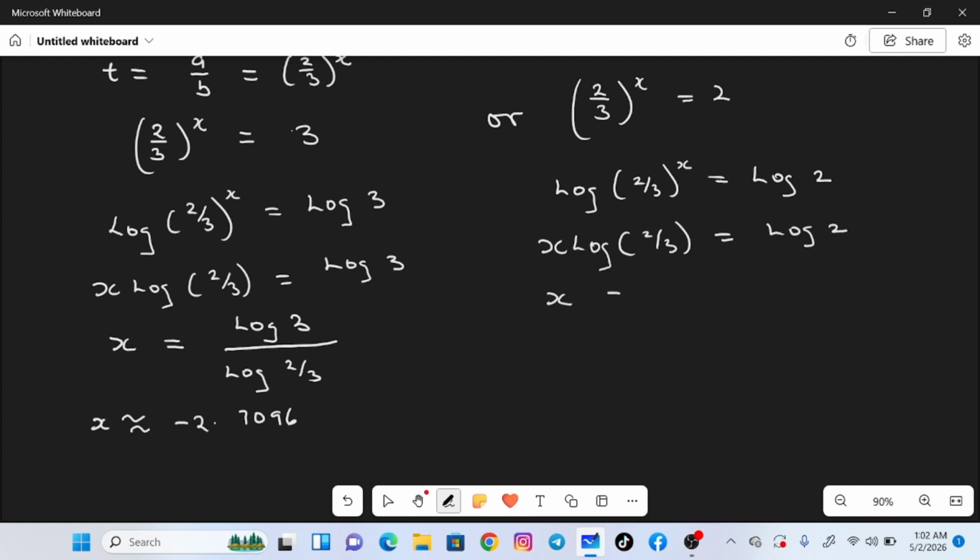X equal to log 2 over log 2/3, and x is approximately minus 1.7095.